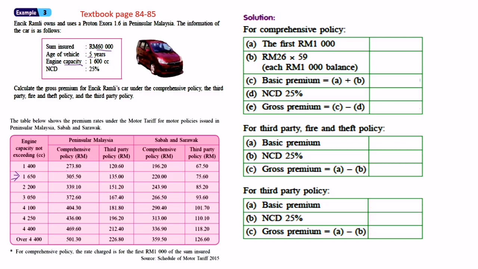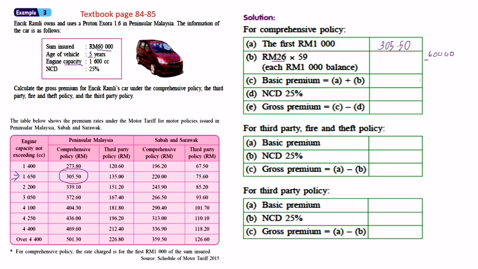So for comprehensive, the charge is 305 ringgit 50 cent. After that, we count RM 26 because for Peninsular Malaysia, the rate starts with RM 26, times 59. So why times 59? Actually the total sum insured is 60,000.